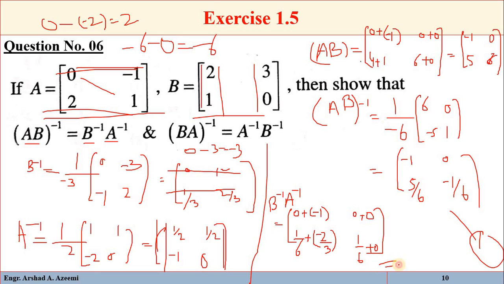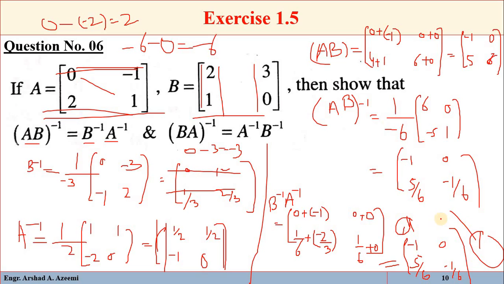Now this is equal to what? Minus 1, 0, and if you simplify it, taking the LCM 6, it will give you 5 by 6, and this one is minus 1 by 6. For example, this is matrix 2.